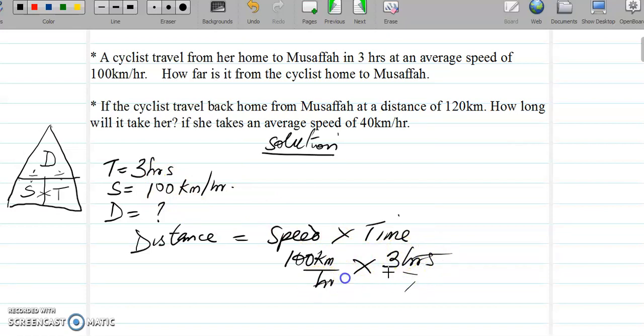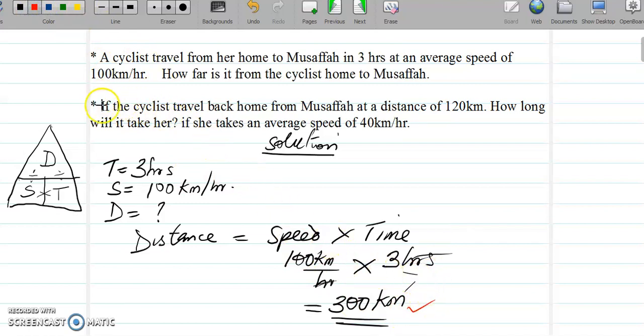If I remove the hours, 3 times 100 gives us 300 kilometer. So the distance is 300 kilometer.